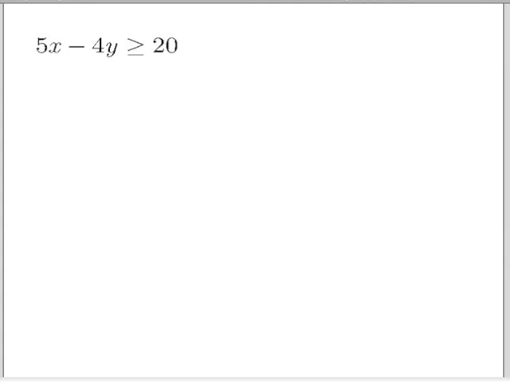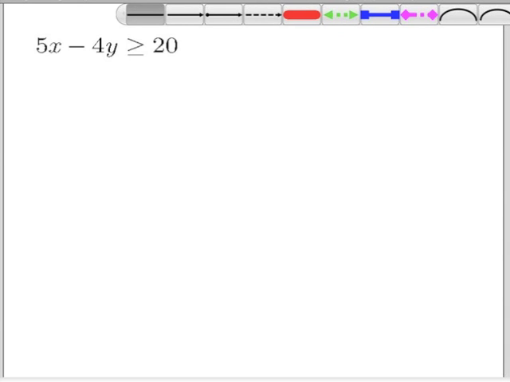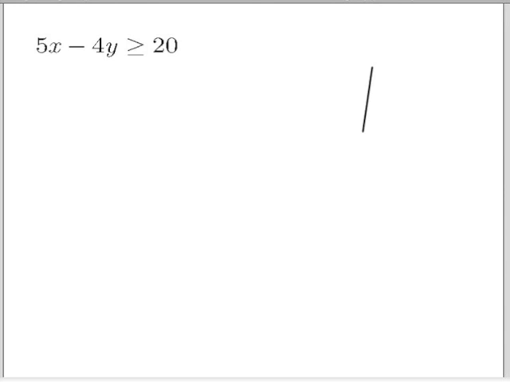First up is 5x minus 4y is greater than or equal to 20. So first we're going to focus on graphing our line. First off, I want to get my graph here.